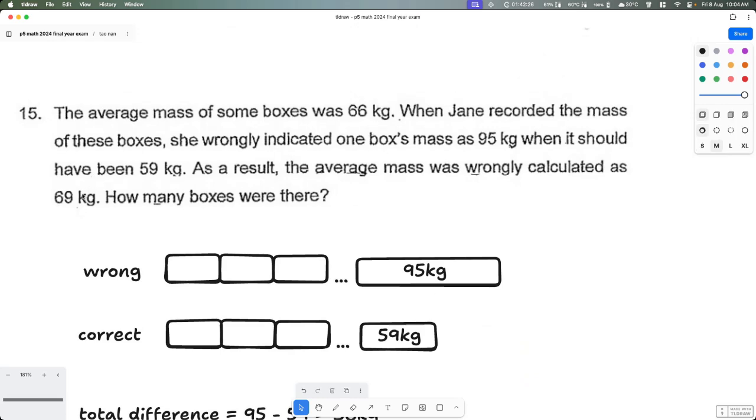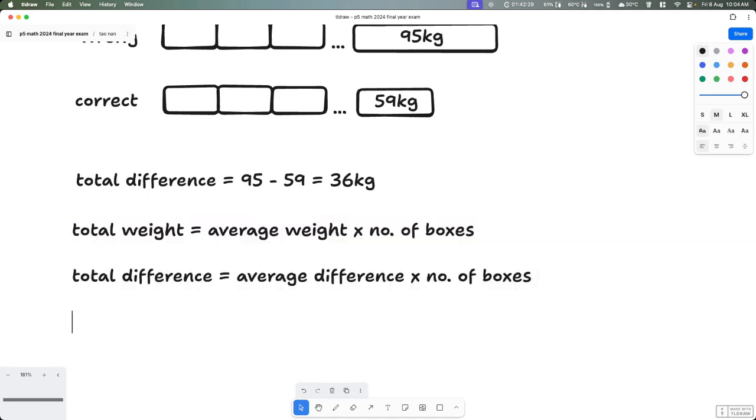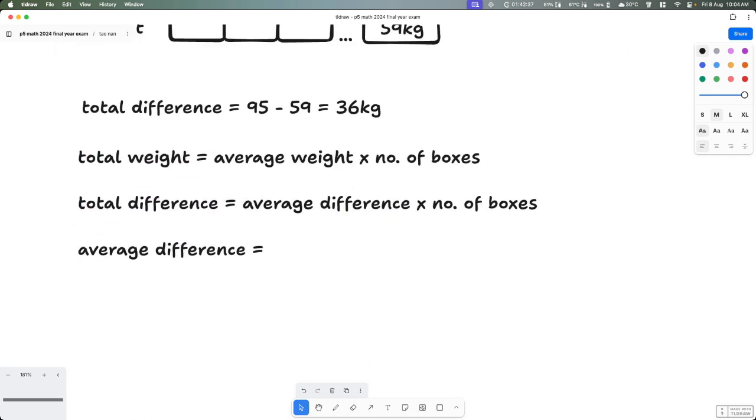It's 66 and 69 kg, so the average difference is 69 minus 66, which is 3 kg. So 36 kg is equal to average difference 3 times number of boxes.